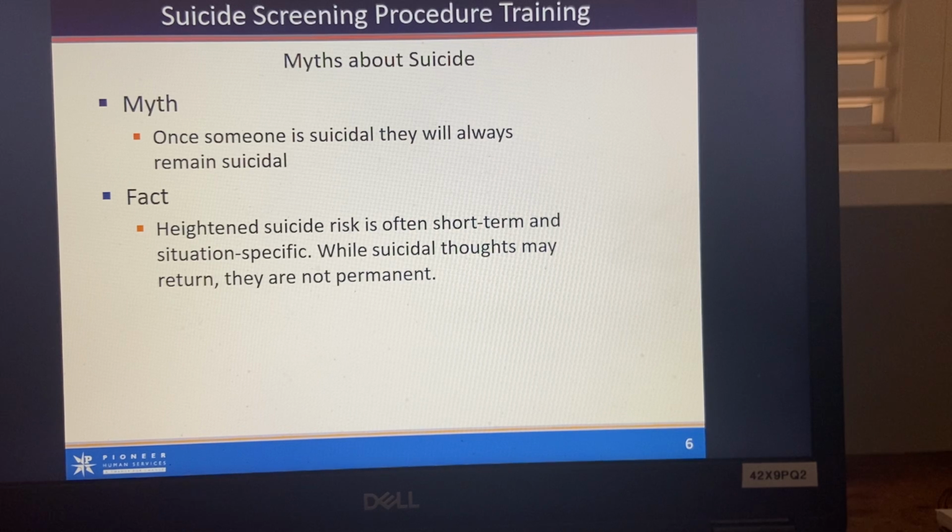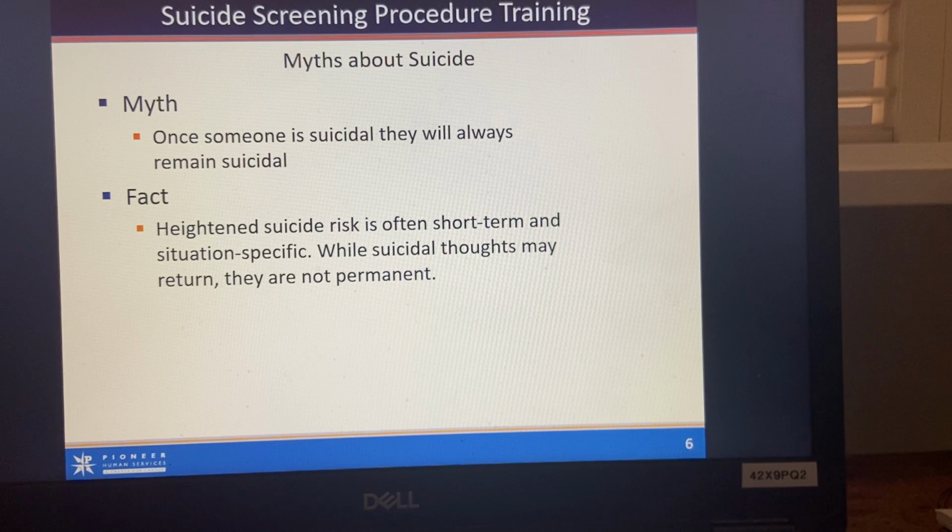What we know about suicide is that it is often closely related to situations in which that individual is placed, putting them in a place of feeling an excess amount of crisis. And again, those thoughts are very situation specific and often very short term.